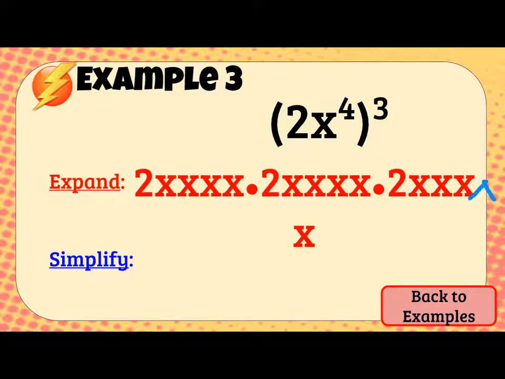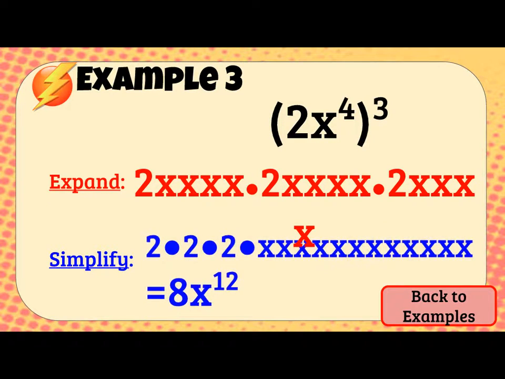Oops, that x should be really up here. Okay, now rearrange it a little bit. Let's put all our coefficients together and put all our x's on the other side. So I get 2 times 2 times 2 is 8, and then I have 12 x's. So where did that 8 come from? And where did that 12 come from? Up here.